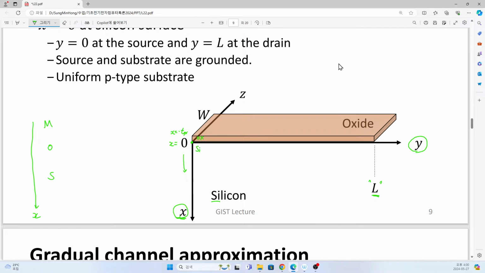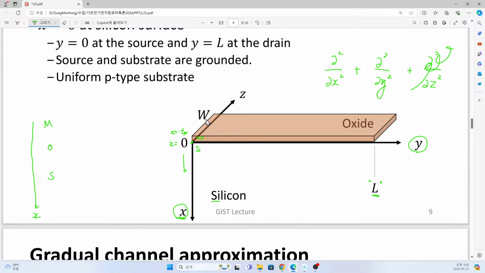So when we have, for example, the Poisson equation, we consider only the x directional and y directional partial derivatives, and do not consider the z directional partial derivative. Why don't we have this one? Of course, in principle we must consider this one.